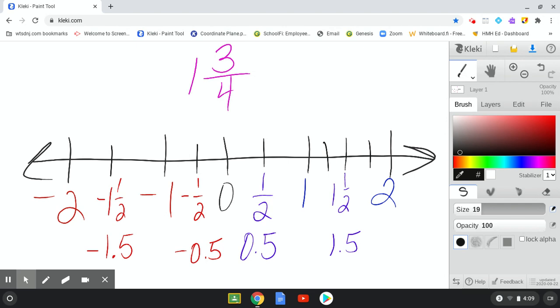So this first one, after the 1 but before the 1 1/2, this would be 1 1/4. Okay, this other tick mark would be 1 3/4.